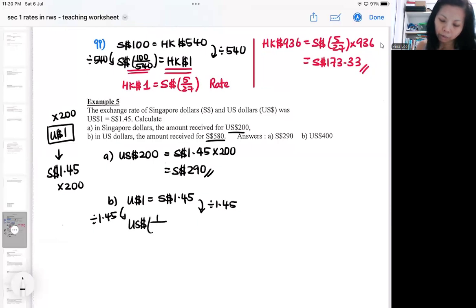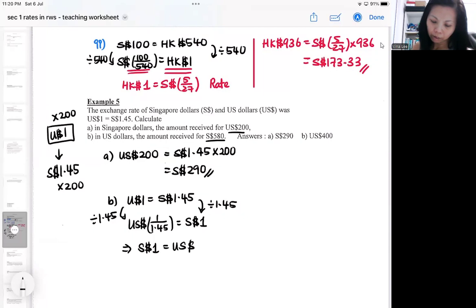So I divide both sides by 1.45. That's how I get the rate of one Singapore dollar. If you want to, you can press out the fraction here.